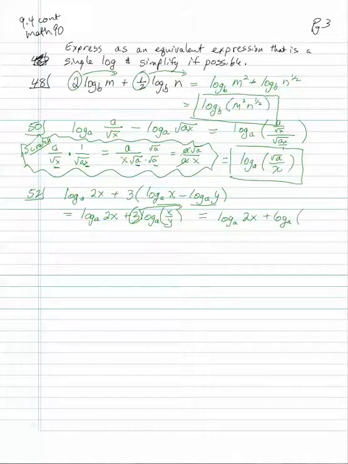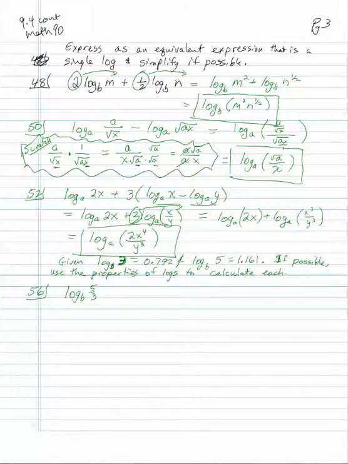So x over y cubed is going to be x cubed over y cubed. And then, now if I add the logarithms inside, I can multiply the numbers, so that's going to be 2x to the 4th over y cubed. And that's my final answer.